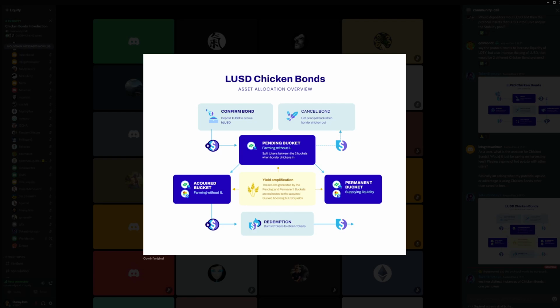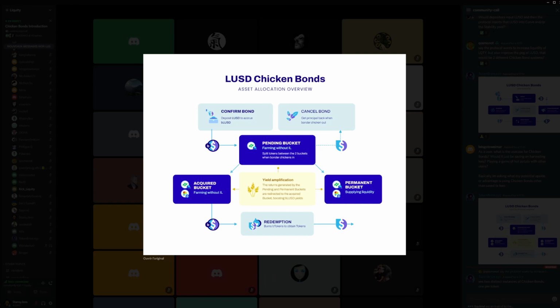So the LUSD can be deposited to Curve, and it can be shifted between B protocol and Curve. And that's a permissionless shift. Anyone can do that, but it can only be shifted if it will improve the spot price on Curve. So that's how Liquity is benefiting from the acquired and the permanent liquidity.